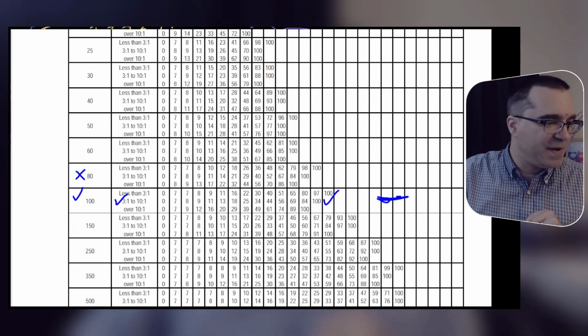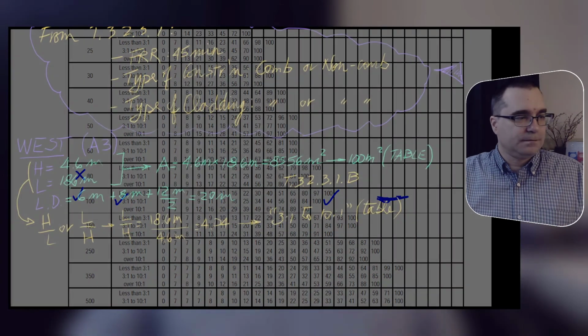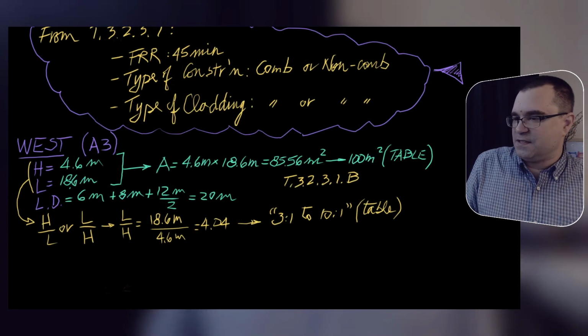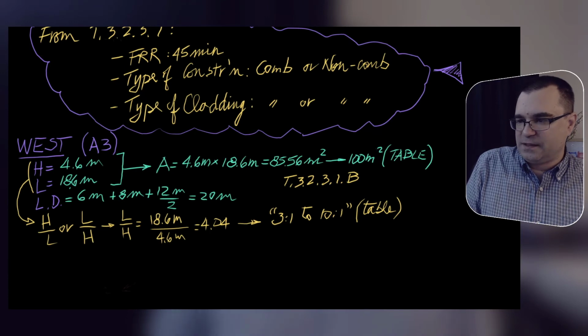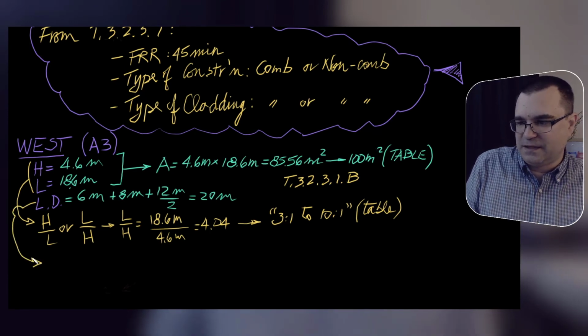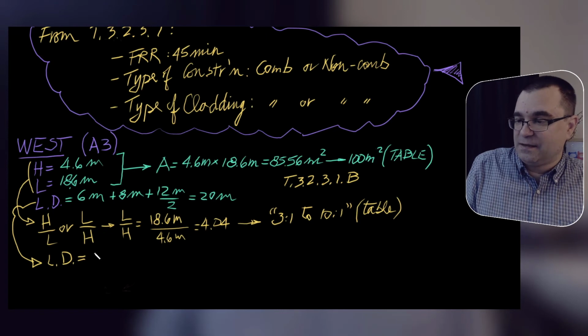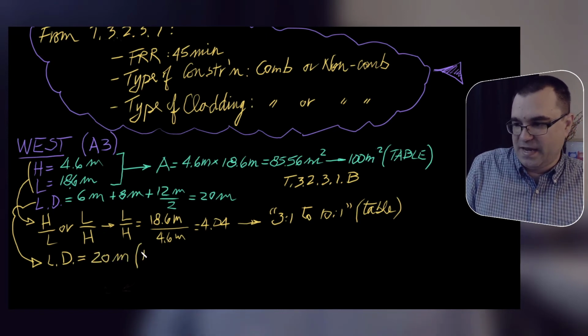So let's bring this back so that I can show you. For the limiting distance, I'm going to write the limiting distance down here. For the limiting distance, you want to select 20 in the table because we have that.